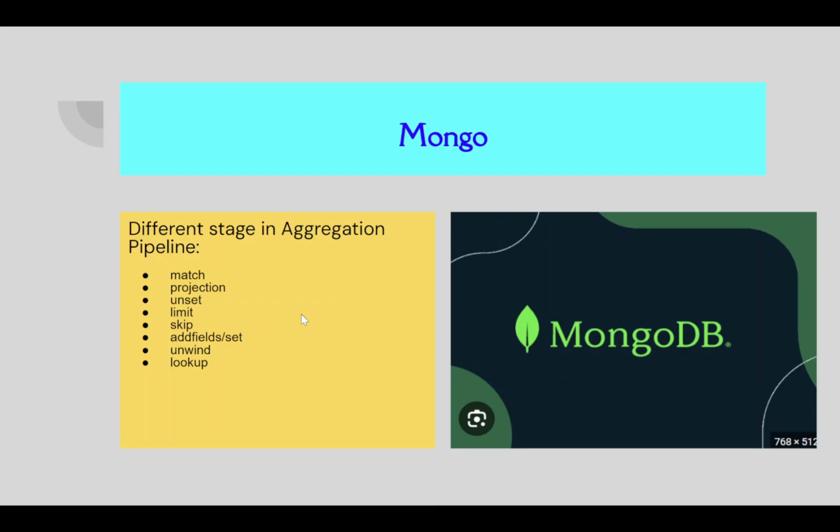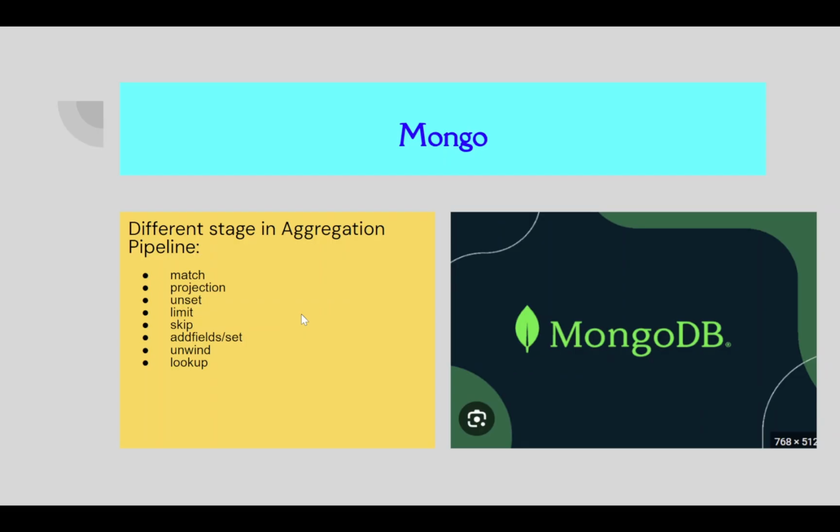So this match condition is nothing but your where condition. I'm comparing SQL Server and the aggregation pipeline. Projection is nothing but which fields you are trying to retrieve. It's a kind of select employee ID, employee name, etc.